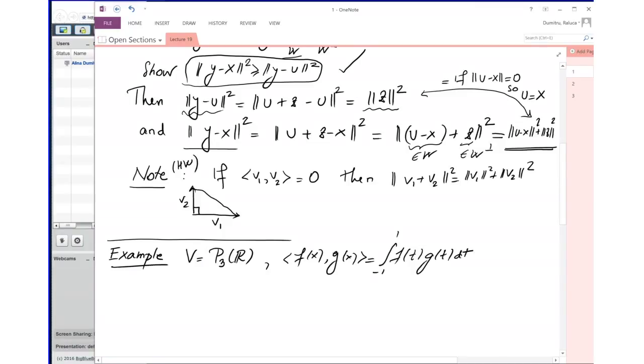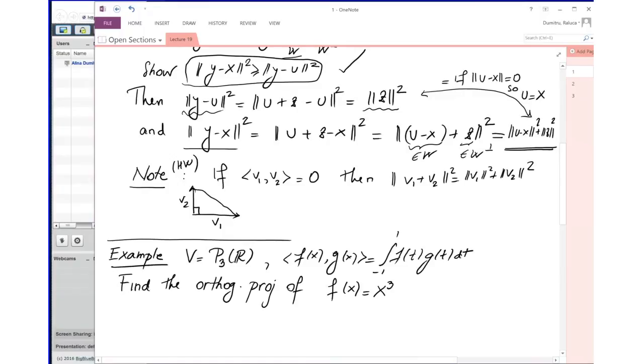Find the orthogonal projection of the vector. It's going to be a polynomial, right? The polynomial x cubed. X cubed is a polynomial in P sub 3 of R.